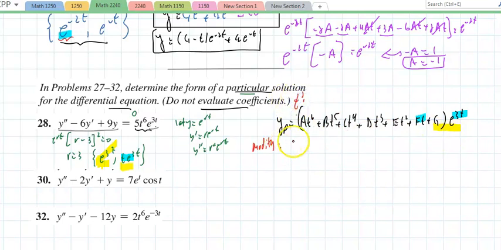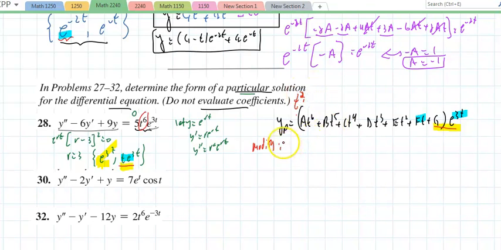Why is that? Because if you multiply by t, this will be g t times e to the 3t, which is a common term of this. So there's a big difference between me saying I have t to the 6, where you have to write the general form of that, versus me modifying, where you just multiply by a certain power of t.